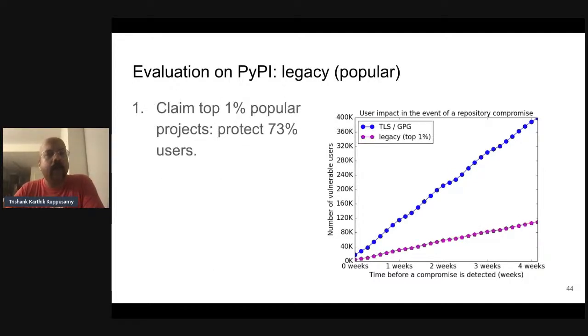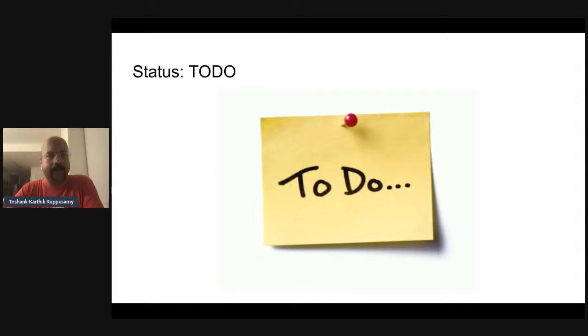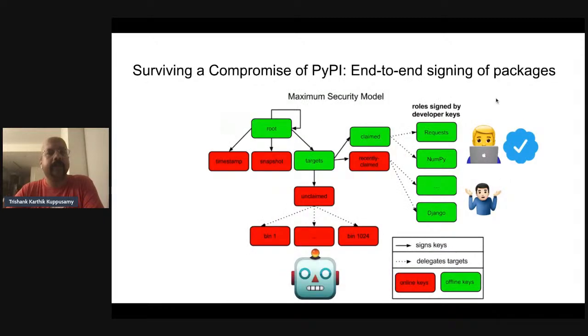Okay, and then we said, okay, fine. What's the biggest bang for the buck? What's the least amount of work we can do to get a lot of security? So we said, why not do this PEP 480 thing? Imagine it has been put in place. We have projects that are entirely signed by their own respective, verified developers.